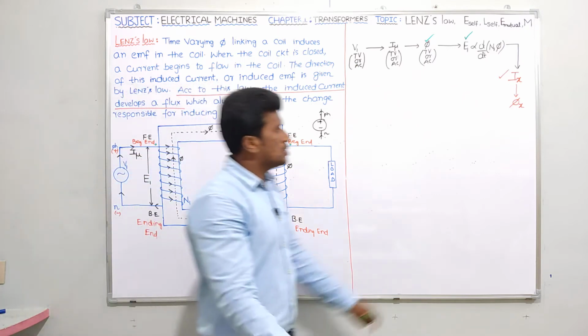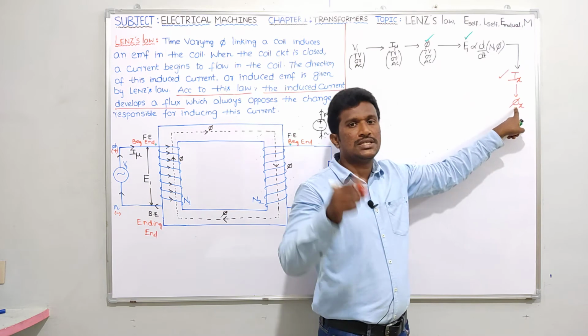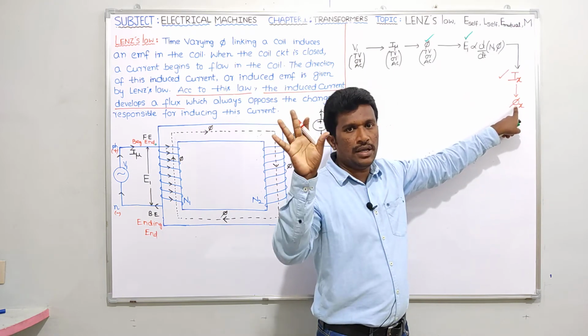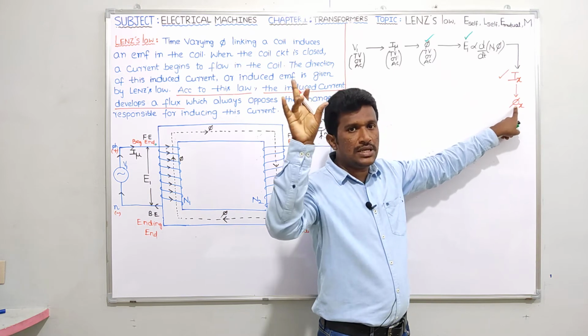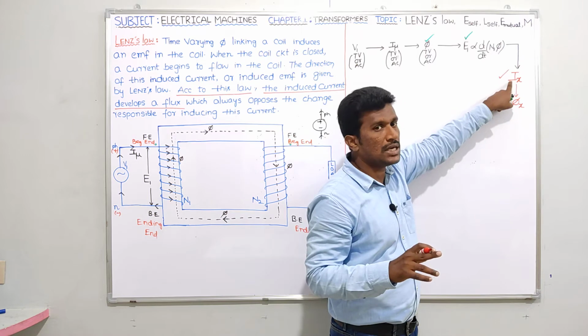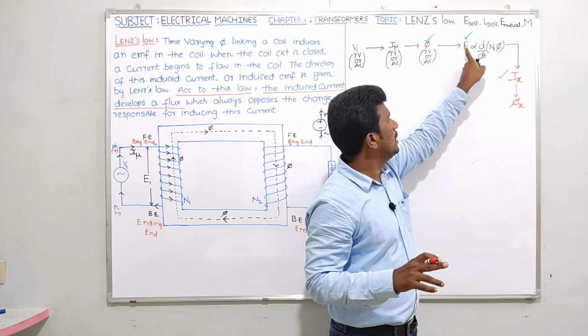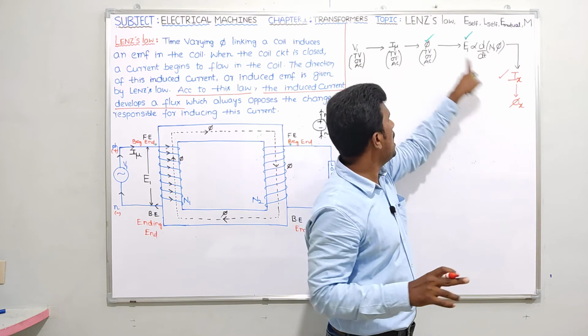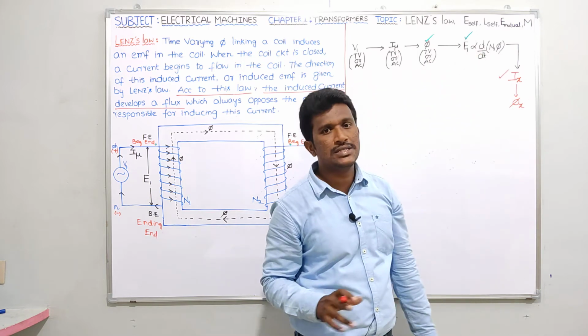Tell me guys, this phi x is opposing somebody. Who is that somebody? That somebody is responsible for getting this current. Who is responsible for getting this current Ix? E1. E1 is because of which one? Phi. That means this phi x opposes this phi. Very simple thing.